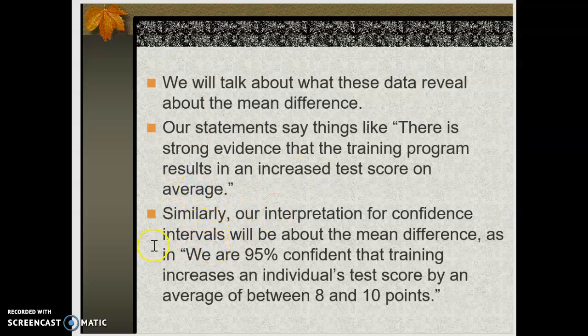Here's another one, a confidence interval. We're 95% confident that the training increases an individual's test score by an average of between 8 and 10 points. This one's pretty clear to see that we're talking about a single person's test score increasing, and then we're looking at an average increase of test scores for a whole set of individuals.